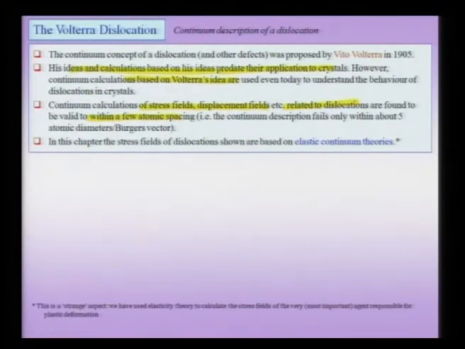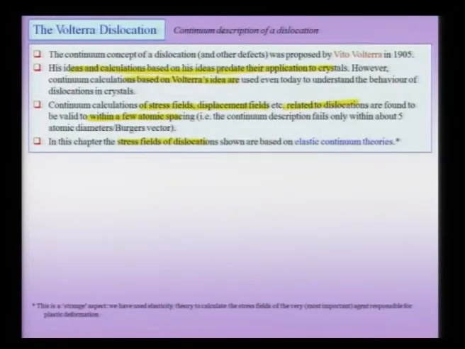Even though we know that the dislocation resides in a crystal and is a crystallographic defect, continuum ideas can give us a very important understanding of dislocations, especially their stress fields, their motion and even their collective behavior. The continuum theory only breaks down very close to the dislocation line, about 5, some people say 5, some consider 1 Burgers vector, but a few atomic spacings from the dislocation line.